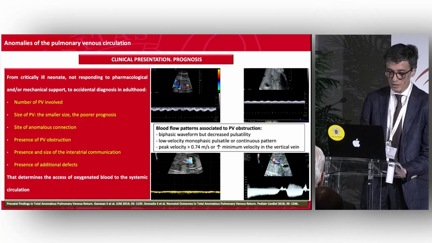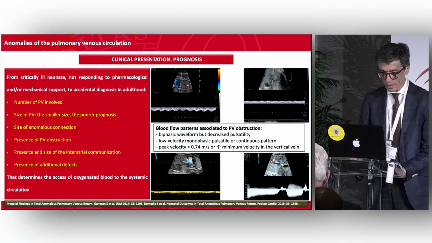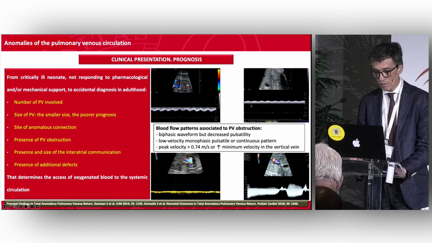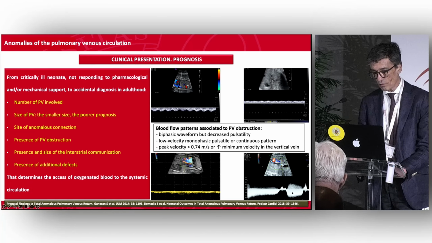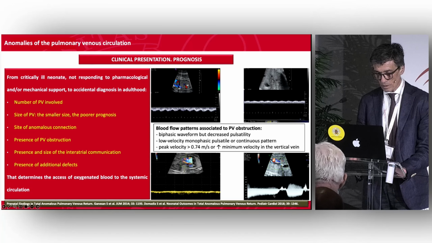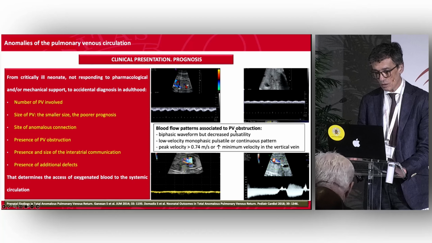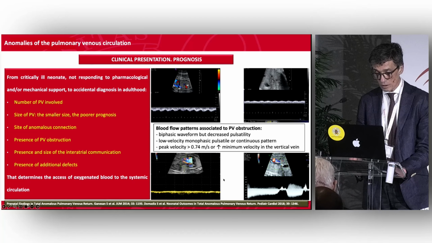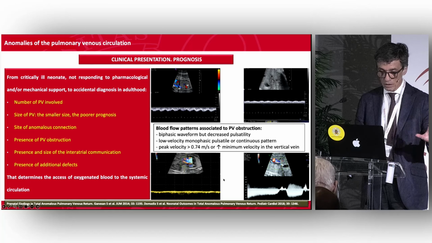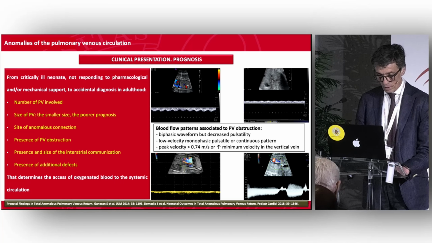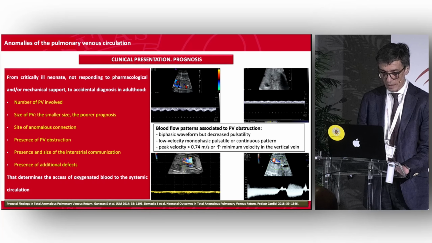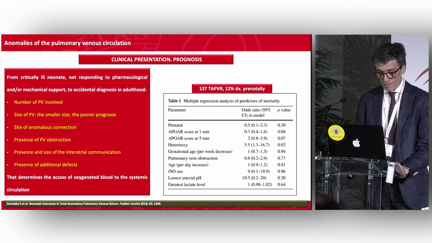You must suspect it especially in the infracardiac type, with pulsatile flow with low profile or turbulent flow in the pulmonary veins. So there is no consensus, and therefore all these babies should be delivered in a tertiary care referral center, with cardiac surgeons close to the delivery room in case these babies become critically ill after birth.